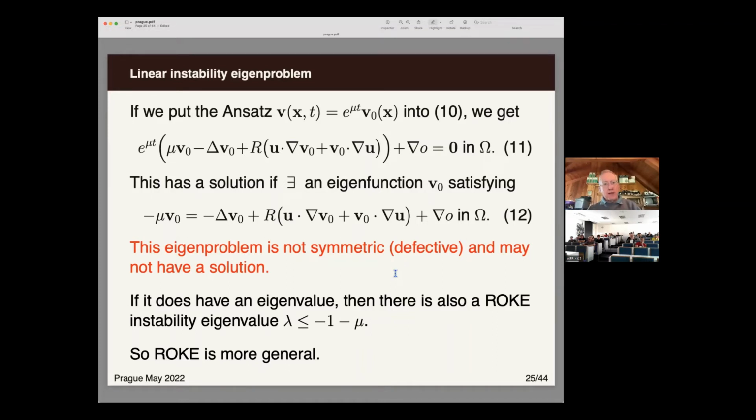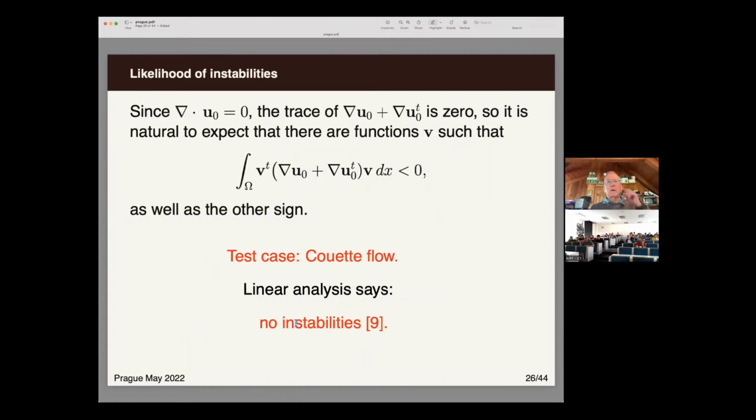If it does have an eigenvalue, then it's not hard to show that there will be an eigenvalue for this Reynolds-Orr theory less than -1 minus mu. So if there's a positive eigenvalue here, which would lead to exponential growth, then there'll definitely be a Reynolds-Orr instability that has preceded it. So the Reynolds-Orr theory is more general than the linear instability theory.